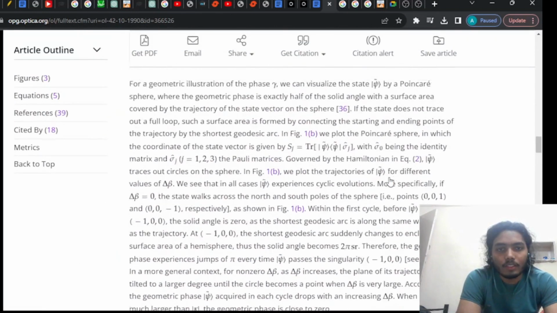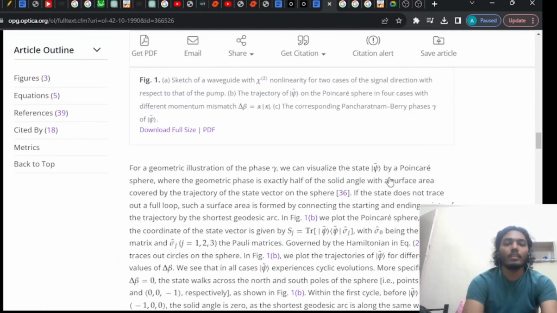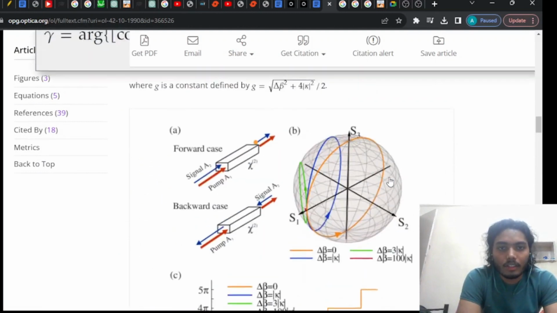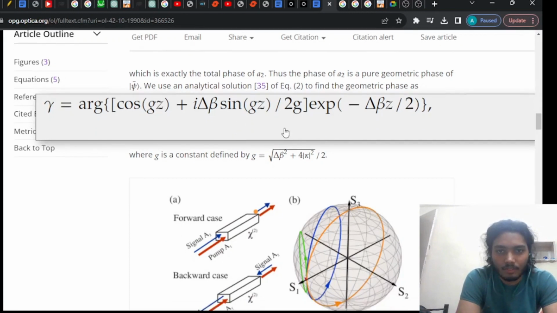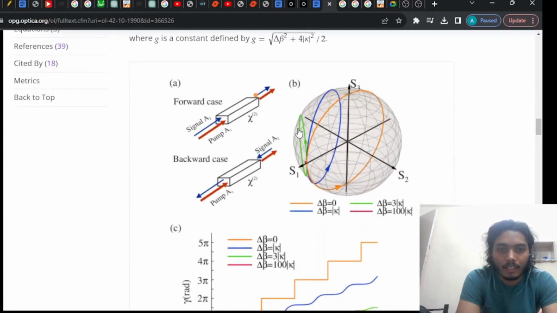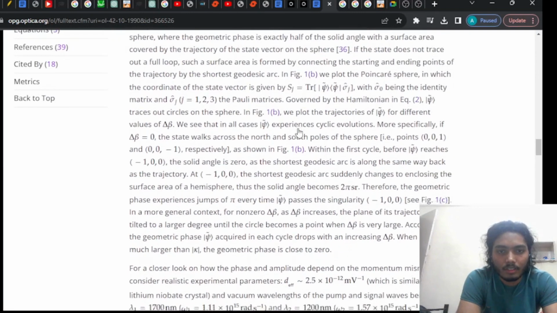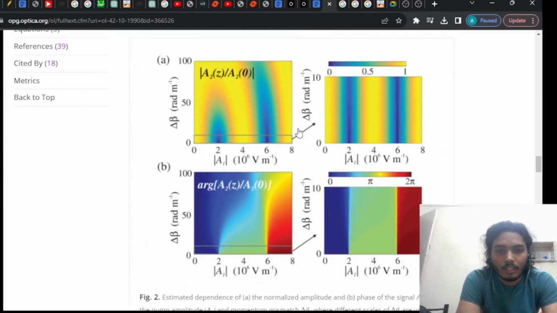and also once we get the expression for A2, we can take the argument of this expression. Once again, there is an i missing here, so it is a complicated expression for the argument, and the plot of that argument as a function of phase mismatch and the amount of A1, that is the amplitude of the pump, is shown here.